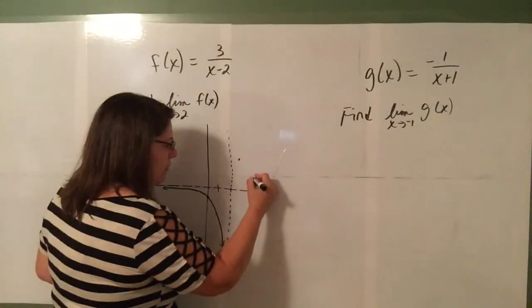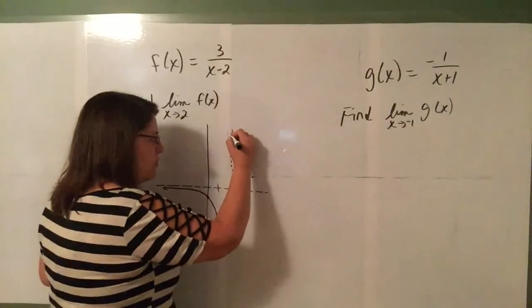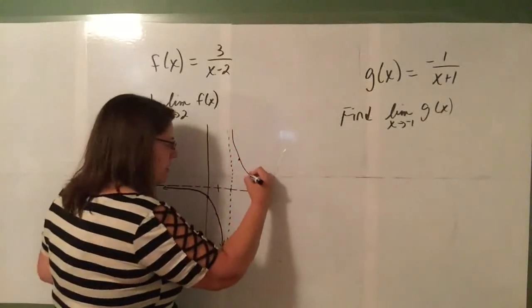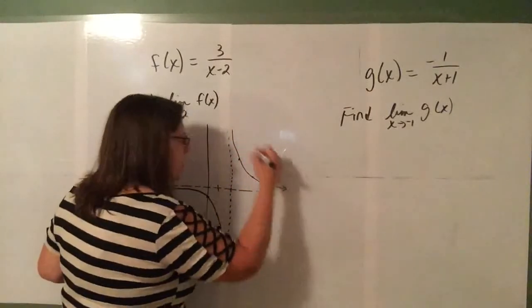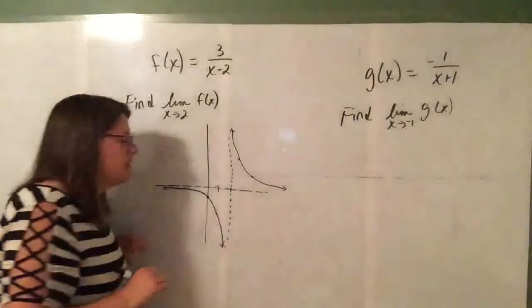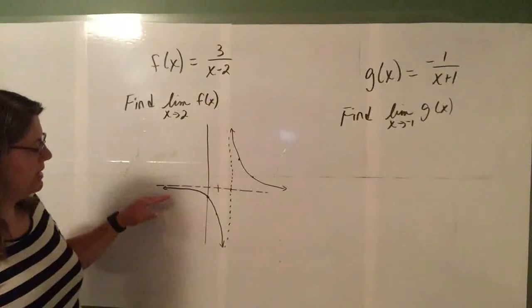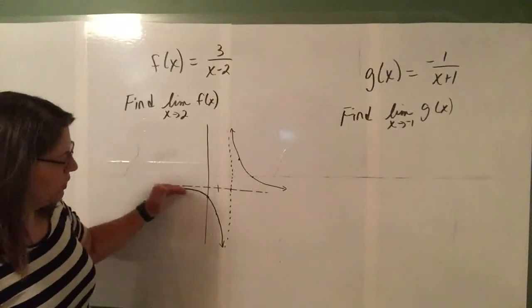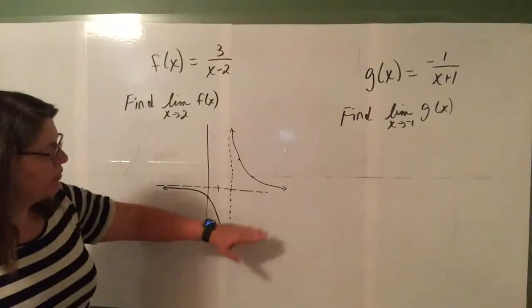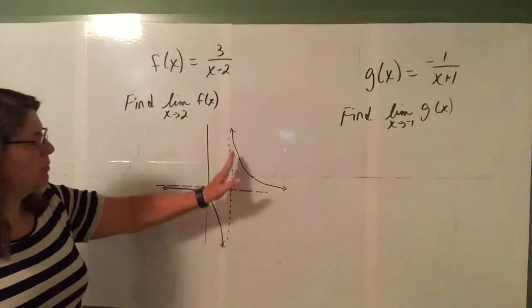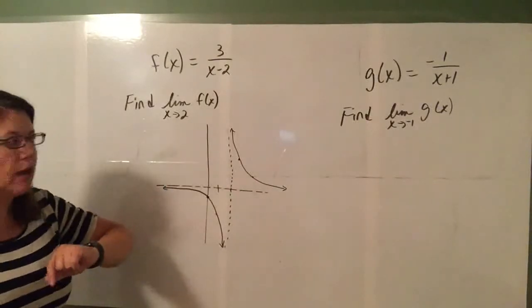So that's about halfway. That shows me that my graph is looking something like that. So here's an example where you have unbound behavior. The left-hand side is going toward negative infinity without bound. The right-hand side is going up toward positive infinity without bound.